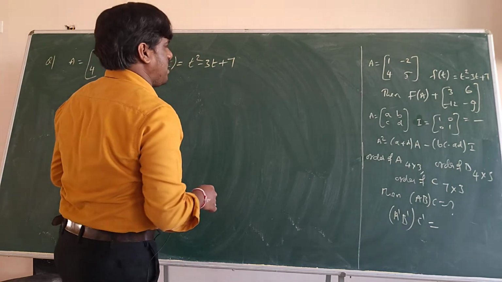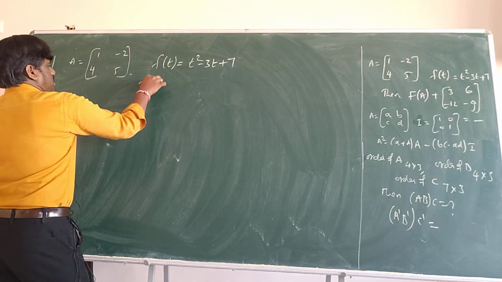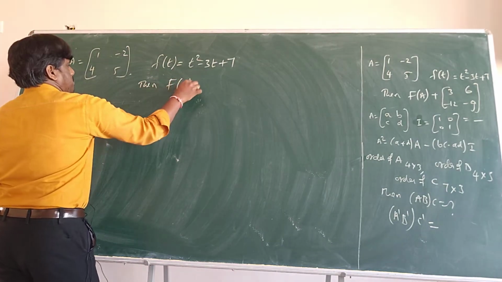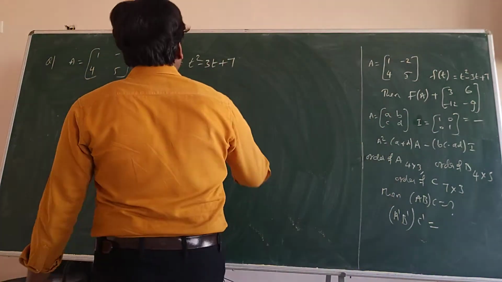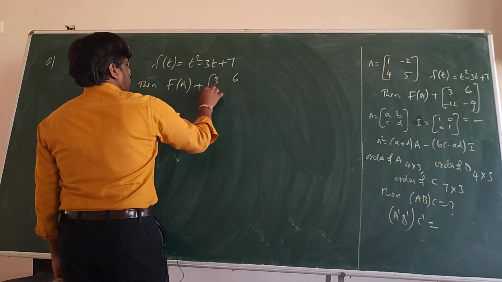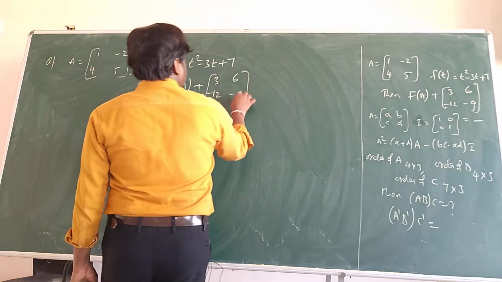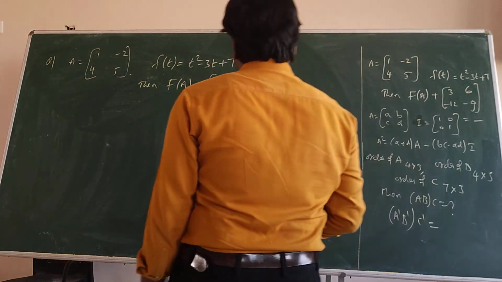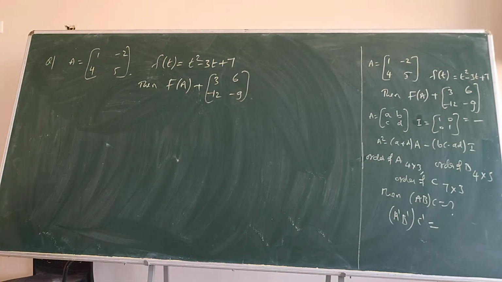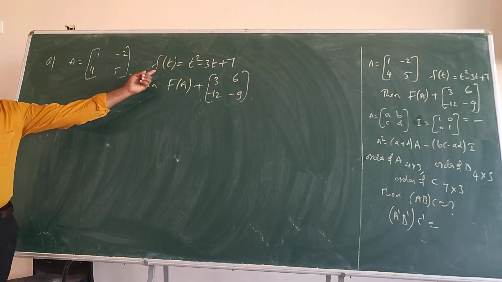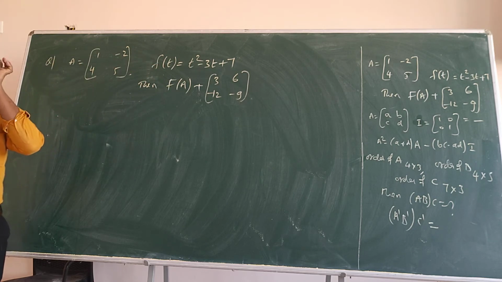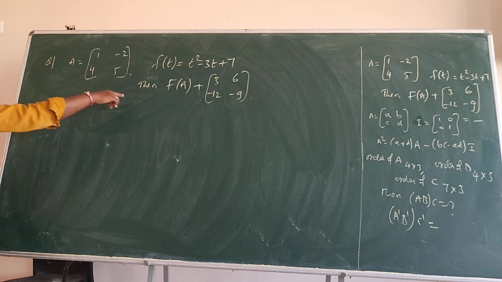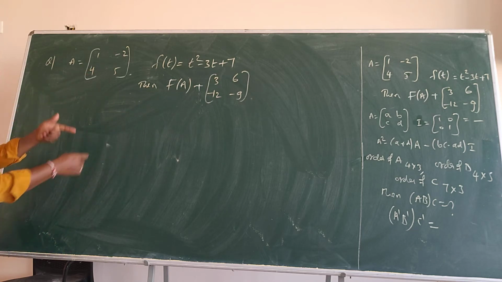We have to find the value of f of A plus the matrix 3, 6, minus 12, minus 9. See here, A is given as this matrix. F of t means polynomial in t. F of t is given, then f of A plus this value you have to find.